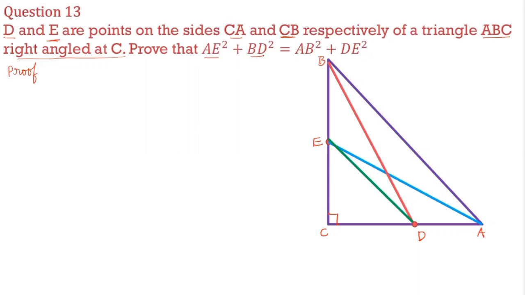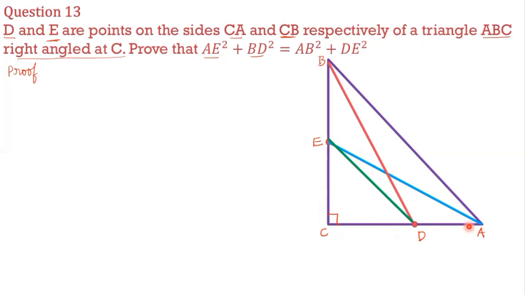Now we want AE square plus BD square on the left hand side. So look at the side AE. AE is the side of right angled triangle ACE. So if we apply Pythagoras theorem to triangle ACE, then we will get AE square. AE is the hypotenuse of triangle ACE.